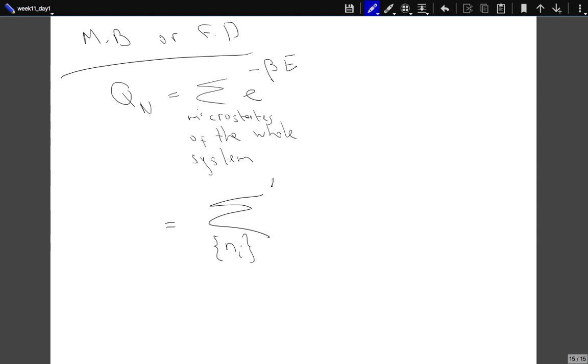Each set n_i contributes a single term to this sum, because since the particles are identical, just exchanging them will not give me a new microstate of the system. The term is e to the power minus beta sum over n_i epsilon_i.